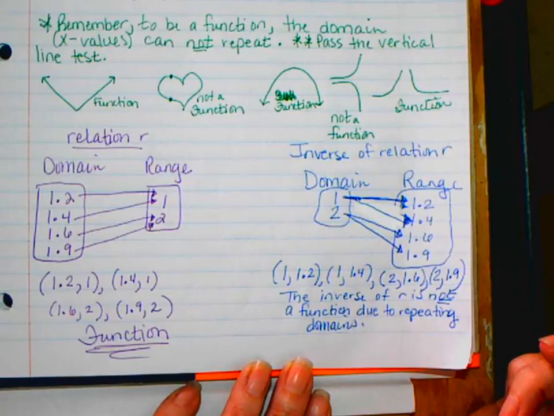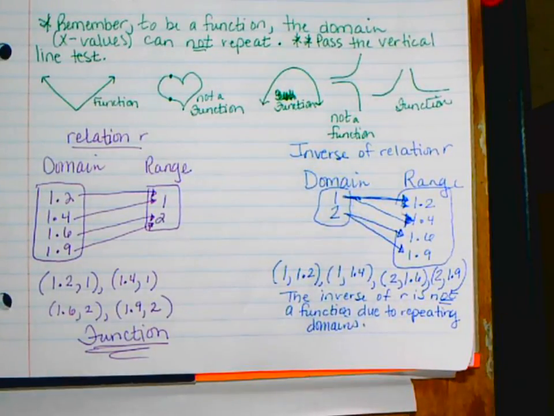In the second arrow at the top of this page, it said if both the relation and its inverse are both functions, then they are considered inverse functions. Are these inverse functions? No.